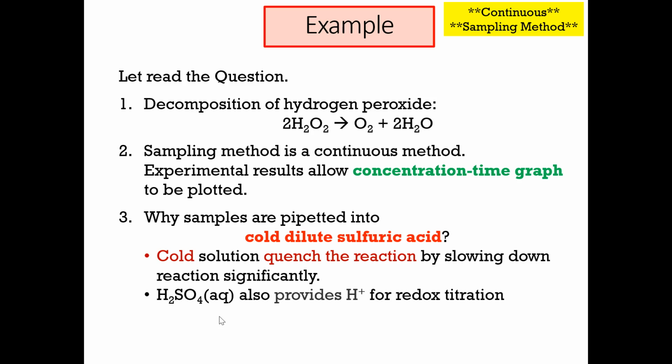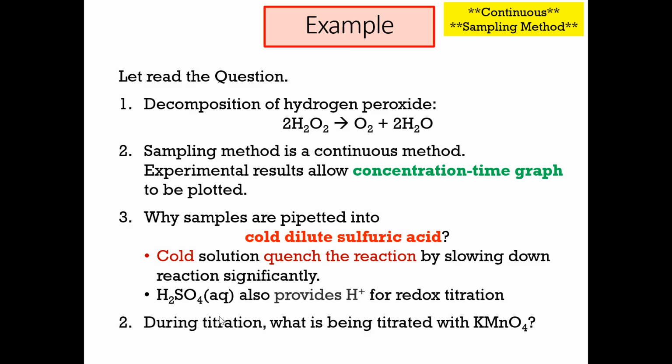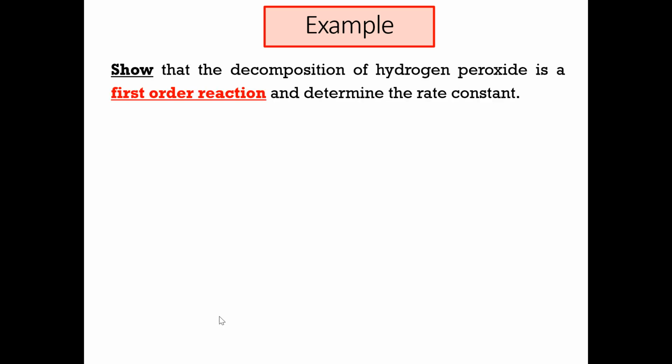Okay, so please note down all this information. During the titration, what is being titrated with KMnO4? I just happened to talk about it earlier. So the H2O2 left in the sample at the time of sampling is what we are having. So if we were to plot the volume of KMnO4 used against time, we are essentially having a concentration of reactant time graph being represented.